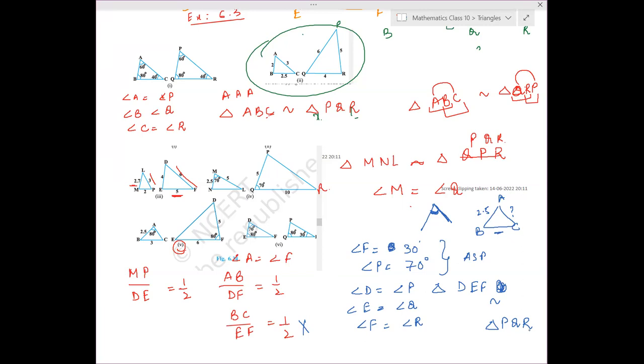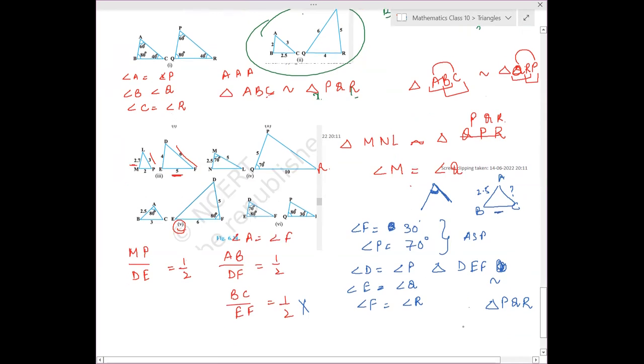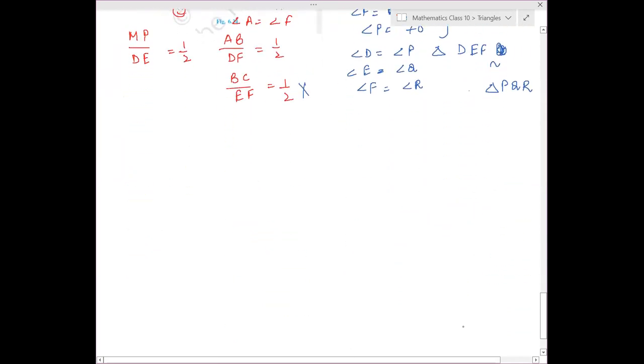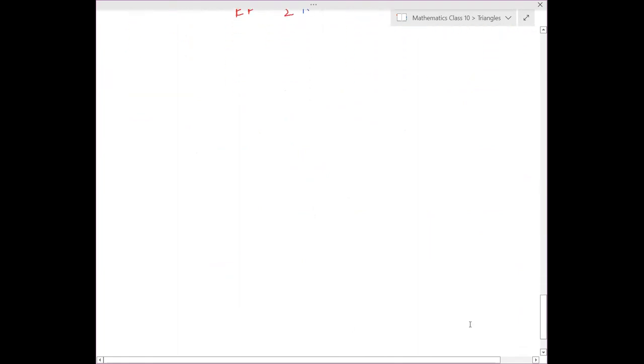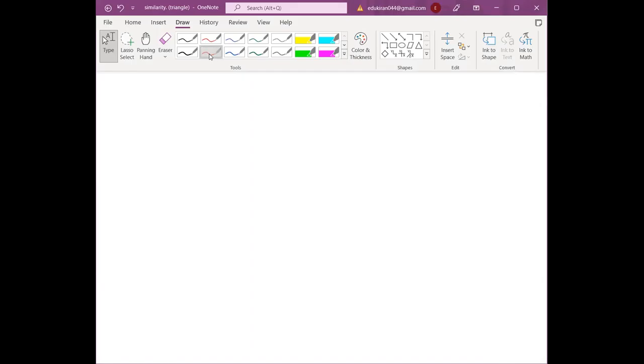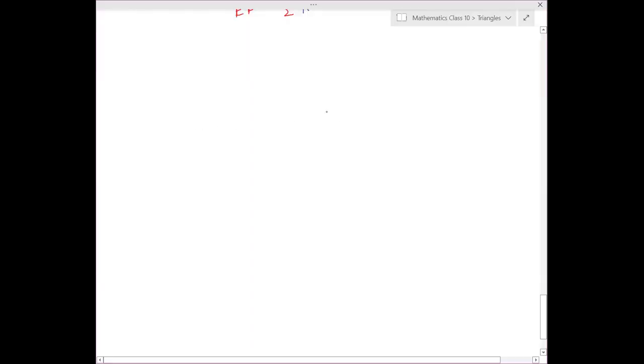Okay, let's do question number 2 now. So you can read the question in your book, both of you. Now in the figure, you have something like this.